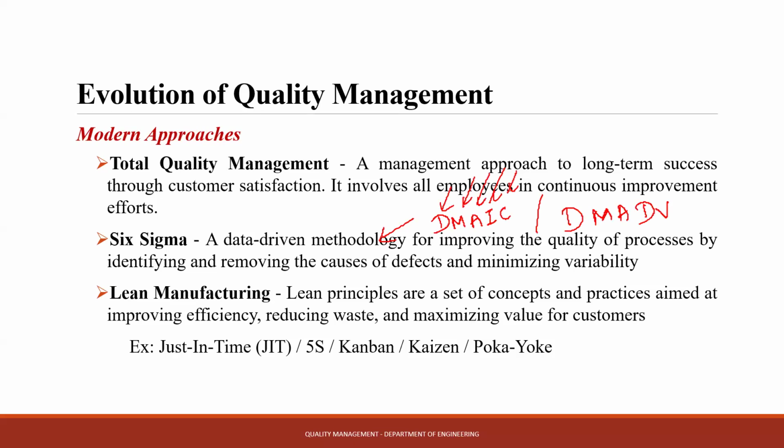And when it comes to the DMADV approach, define, measure, analyze, design, and verify is the other approach. So these types of approaches are used to minimize the variability and to identify the causes of defects, and we are trying to minimize the defects. We are trying to minimize the variability, right? So that is what we are going to do under Six Sigma.